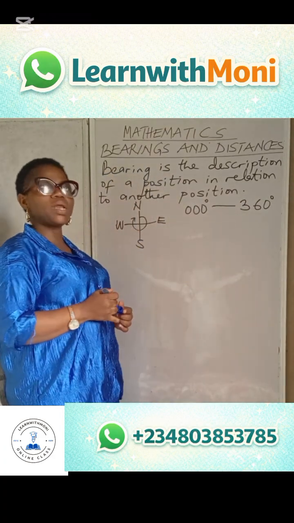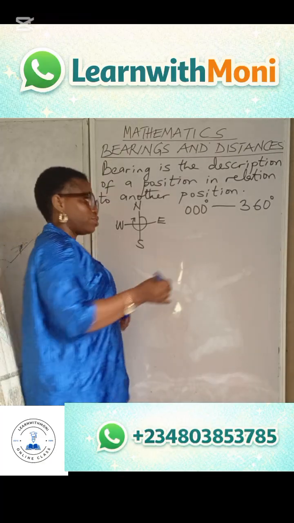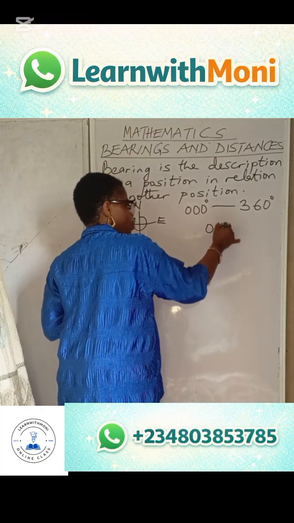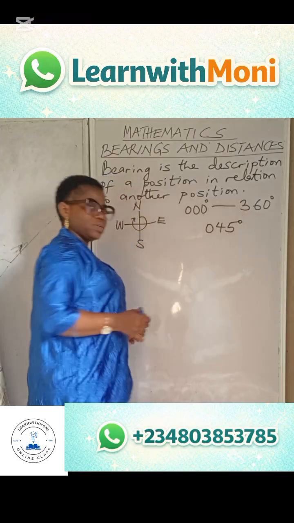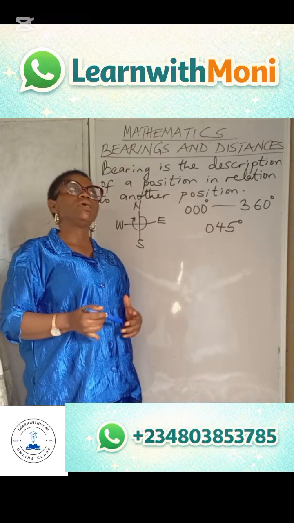When I want to describe 45 degrees, I won't just say 45 degrees, I'm going to say 045 degrees. This is how we describe in bearing.